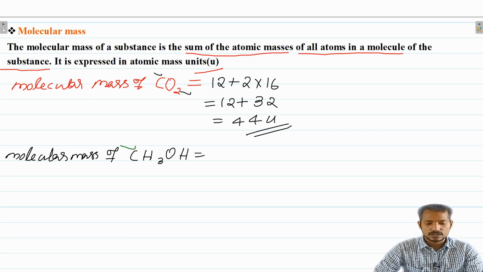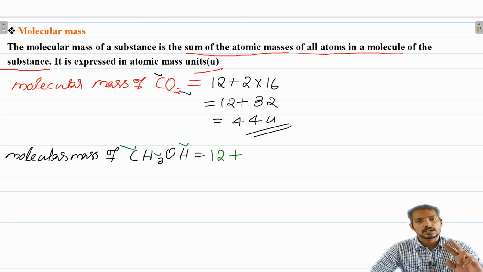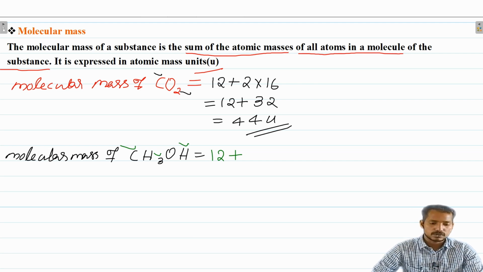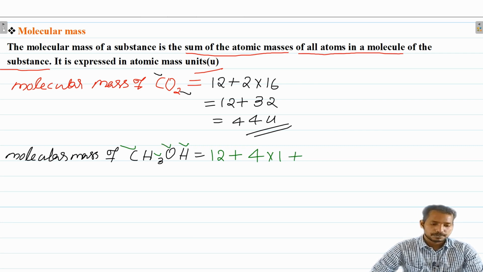Atomic mass of carbon is equal to 12, plus how many hydrogen atoms are here? 3 hydrogen here and 1 more hydrogen. So there are total 4 hydrogen atoms. So 4 into what is the atomic mass of hydrogen? 1, plus the atomic mass of oxygen is 16. So 12 plus 4 into 1 is 4. So 16. 16 plus 16 is equal to 32.